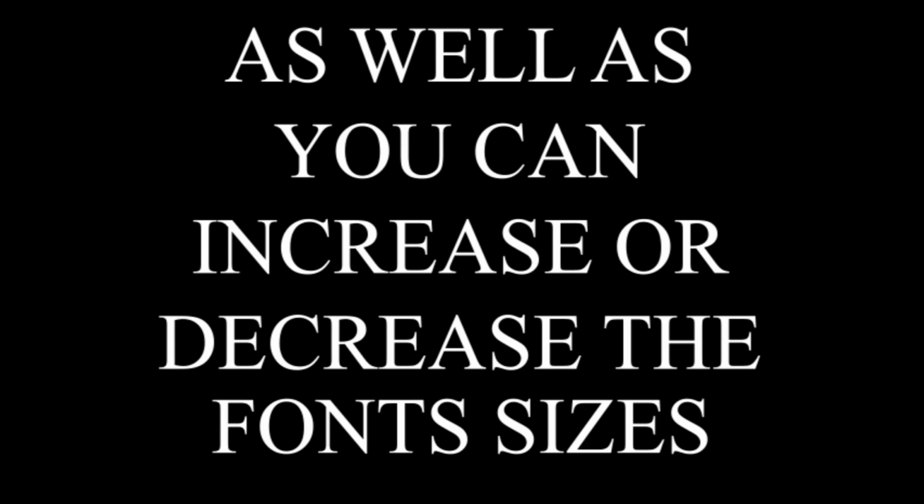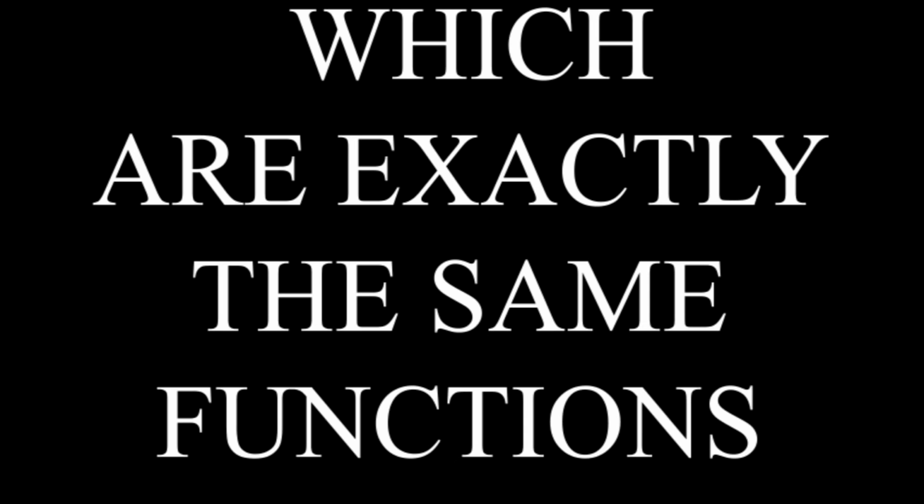In this program, you will be having all the features of the quick access toolbar present in MS Word, like undo and redoing options, as well as you can increase or decrease the font sizes in this editor as well, which is exactly the same functions that MS Word has in the quick access toolbar.